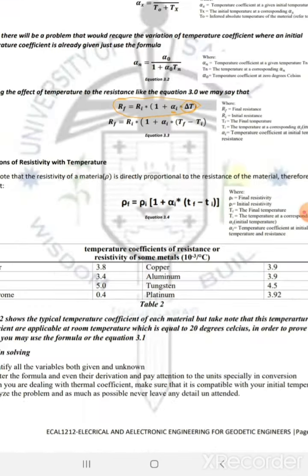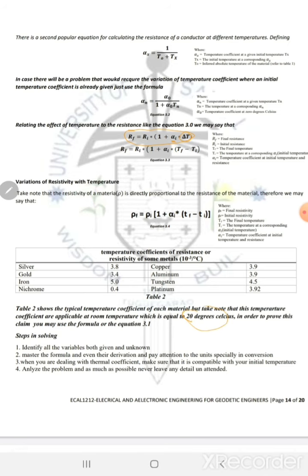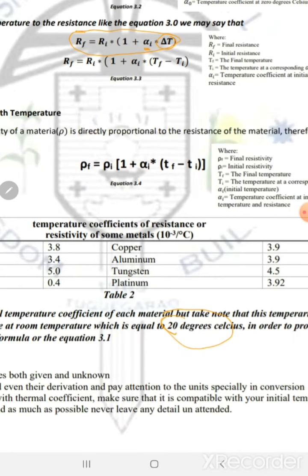So paano nga ba nakuha to? Actually, sabi dito, the table 2 shows the temperature coefficient of each material, but take note that these temperature coefficients are applicable at room temperature equal to 20 degrees Celsius. So take note that our A at 20 is equal to 1 divided by TO plus 20 degrees.